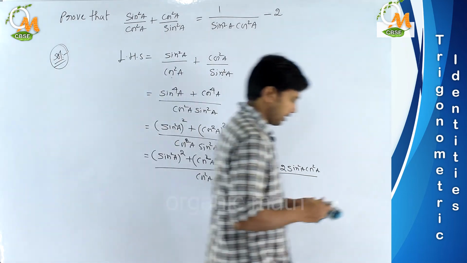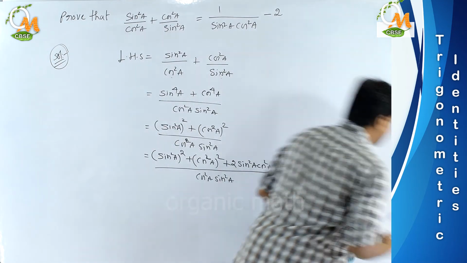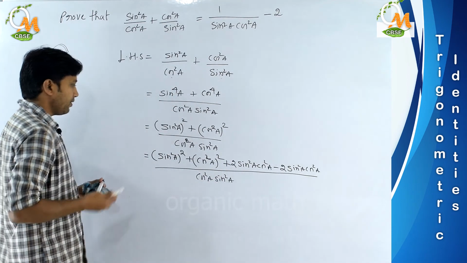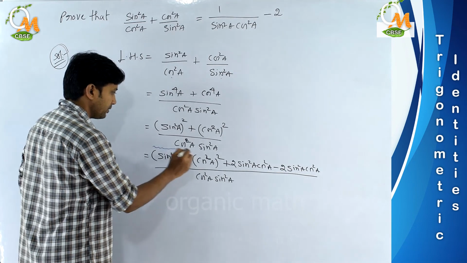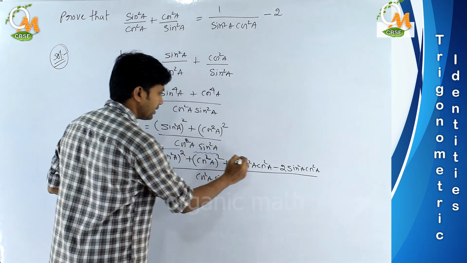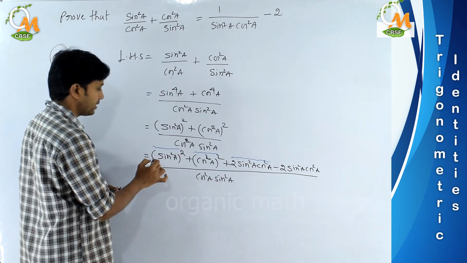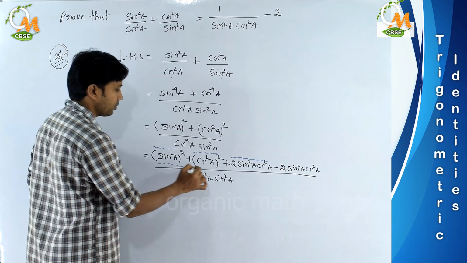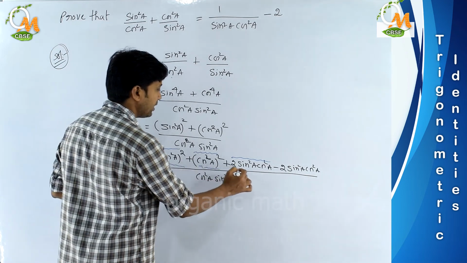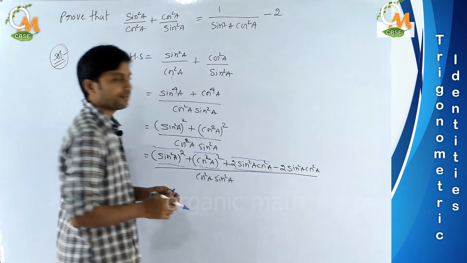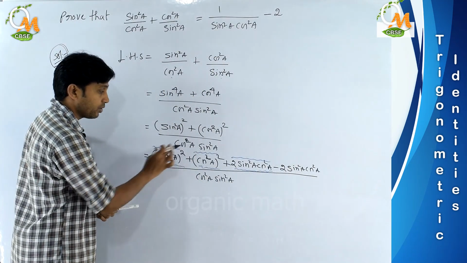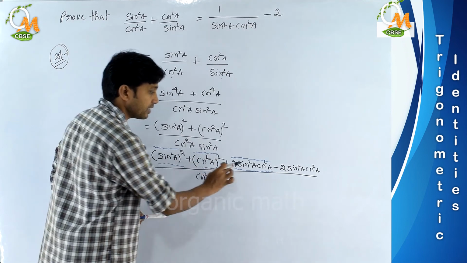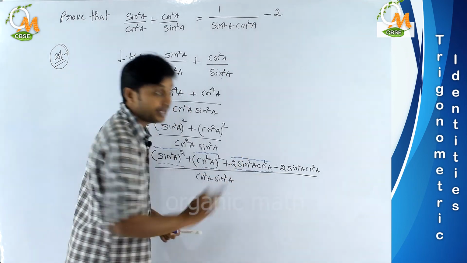So now let me group the terms here. If you observe these terms: sine square a whole square, cos square a whole square, and 2 sine square a cos square a, what did you observe?